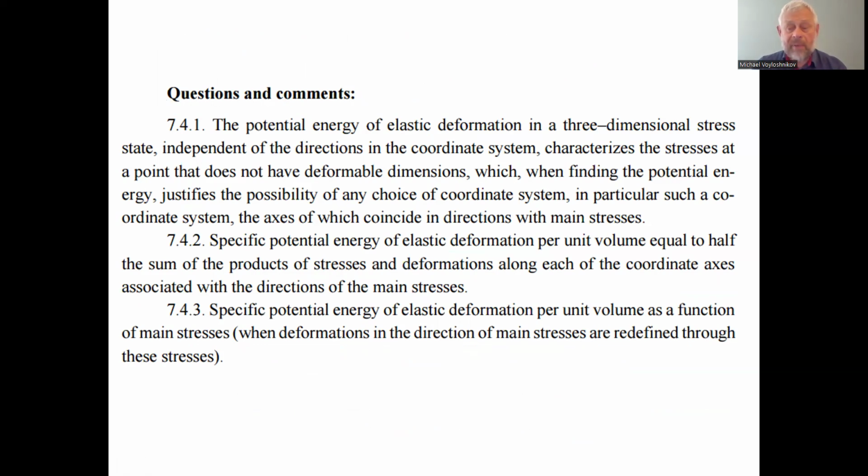So if we have assigned tangential stresses, we can find the deformation and the angle of deformation under the action of the tangential stresses. We consider the flat stress state in the definite plane. But we have the interdependence between the tangential stresses and the main normal stresses.